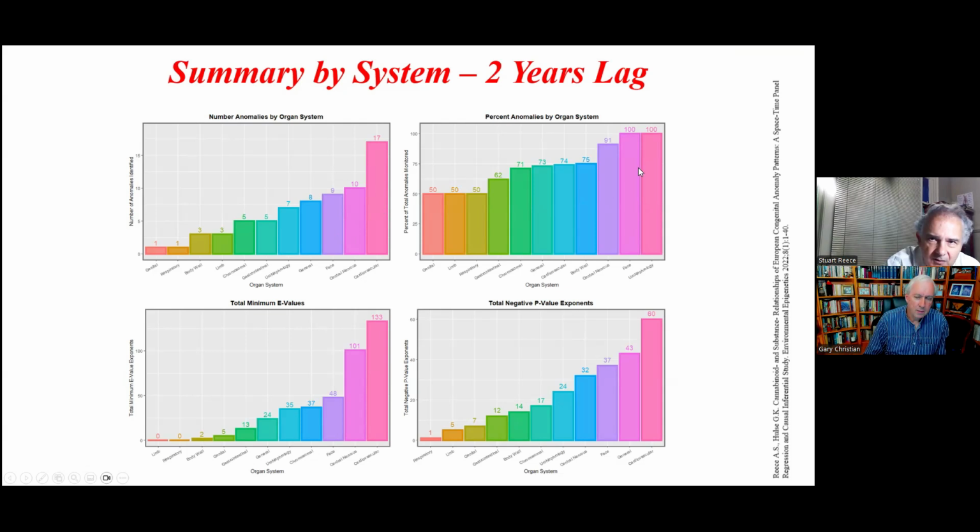This is the percent of anomalies by organ system: kidneys and bladder, face, CNS, brain. These are the minimum E-values: cardiovascular, CNS, the brain and the face. And this is the total negative p-value exponents: cardiovascular, general, face, and CNS.